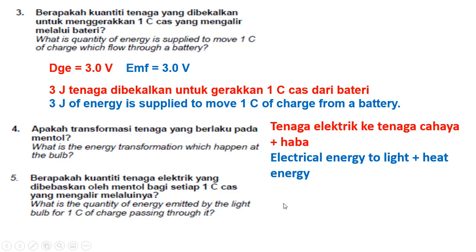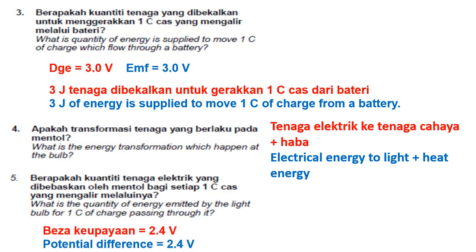Now, what is the quantity of energy emitted? The answer we get from the reading of the voltmeter. So the answer is 2.4 volt. Now the battery supplies 3 volt or 3 joule per coulomb, but the light bulb receives 2.4 volt or 2.4 joule per coulomb.